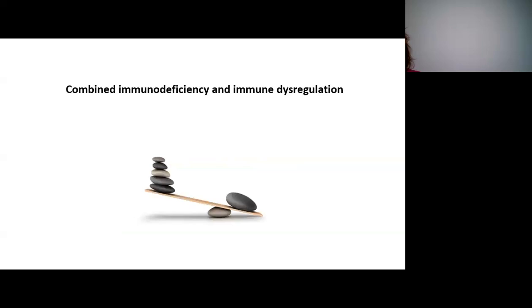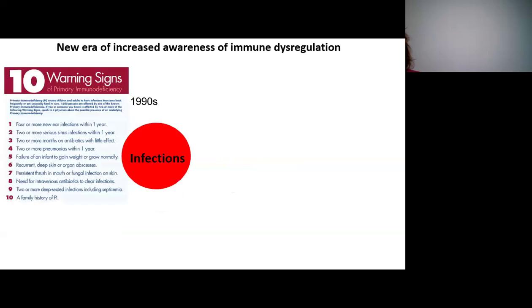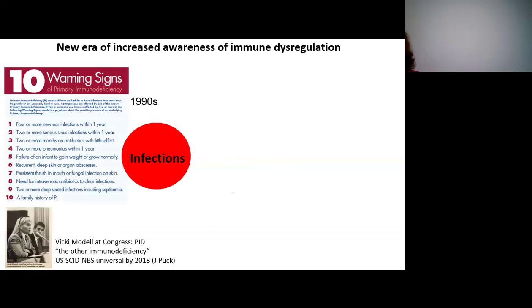So when I think of combined immunodeficiency and immune dysregulation, I think of history. Back in the 1990s, we were all looking for patients with immunodeficiency just based on infections. There was a very nice initiative by the Jeffrey Modell Foundation and many other companies at that time. Vicki Modell went to the Congress and said, I'm going to talk to you about the other immunodeficiency, referring to not HIV.